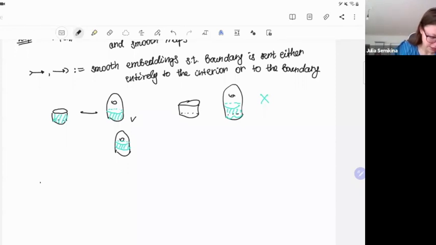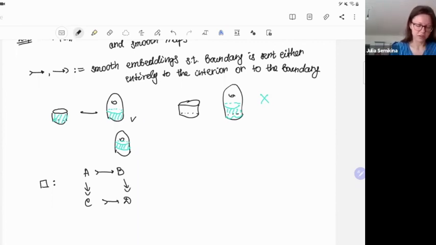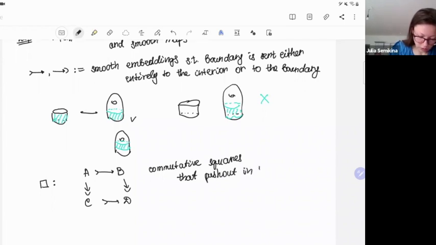And what are squares? So squares are push outs. What does it mean to be a push out? It means to be a push out in the category of spaces. So squares are commutative squares that are push outs in Top.